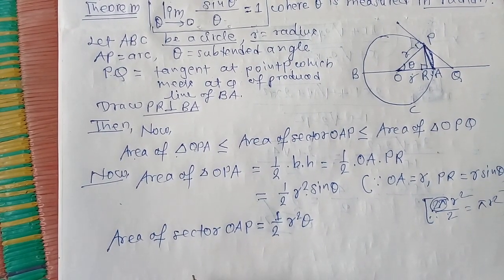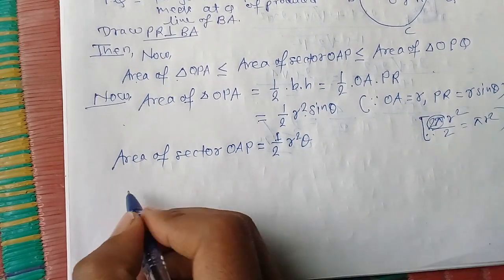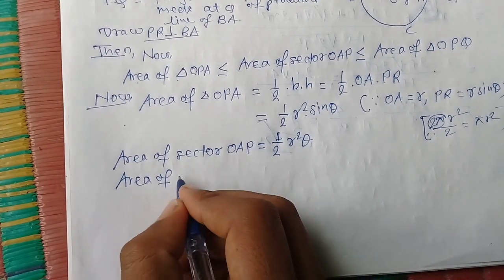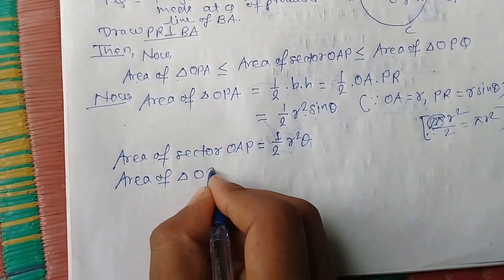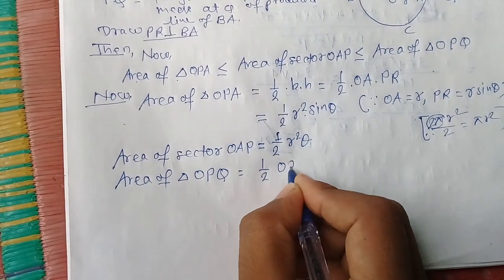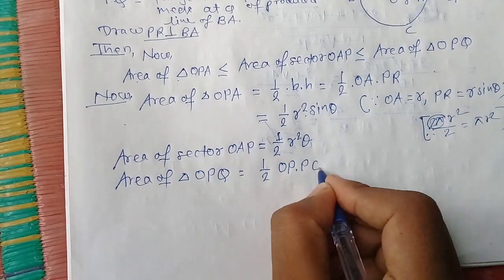Again, area of triangle. Now area of triangle OPQ is equal to half of OP into PQ.